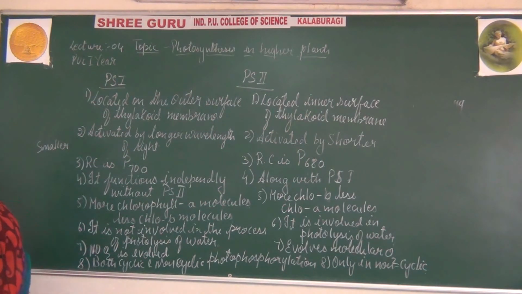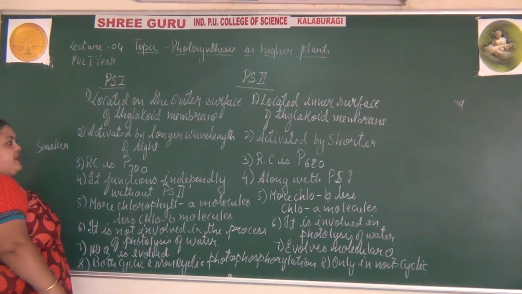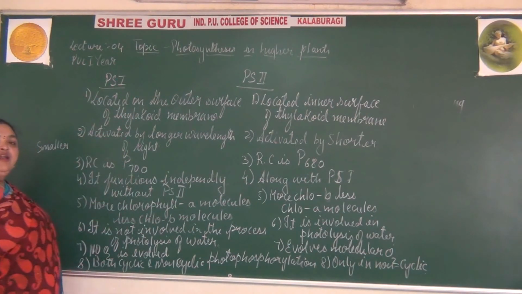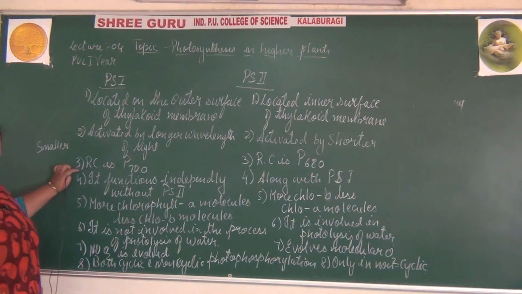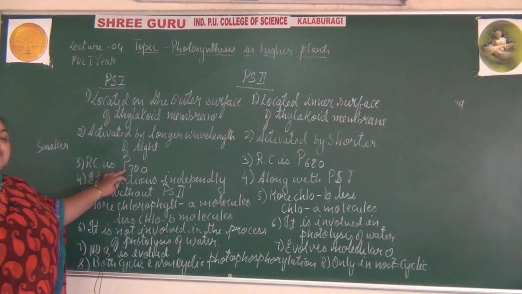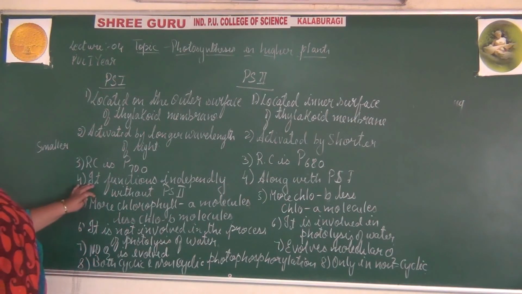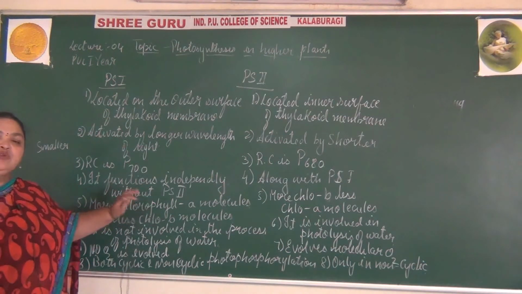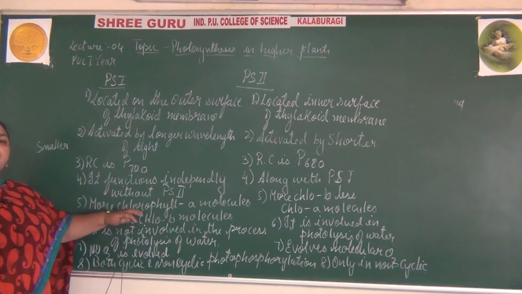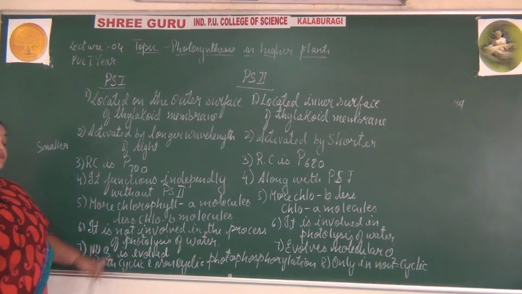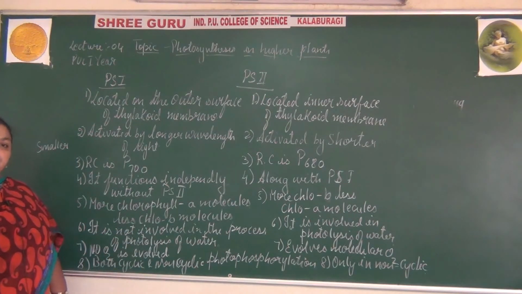If you go with the characteristic features, photosystem 1 is located on the outer surface of the thylakoid membrane. It is activated by longer wavelength of light, where the reaction center is P700, which means it absorbs light of 700 nm. It functions independently without the involvement of photosystem 2, and contains more chlorophyll A molecules and fewer chlorophyll B molecules.